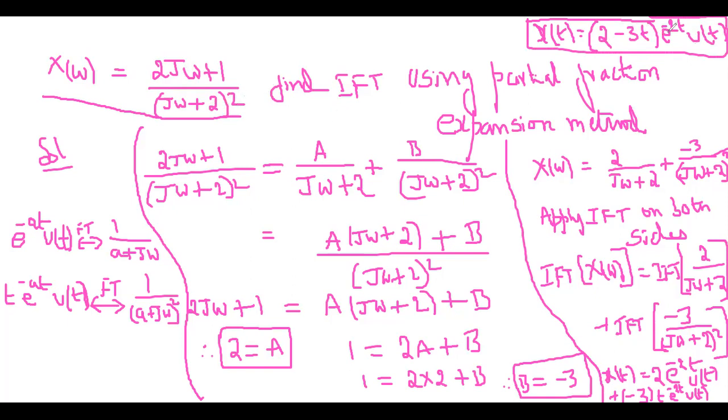In these two terms, e power minus 2t mu of t is common. So 2 minus 3t, following my dear students. Now see here. What is the final answer? We got 2 into e power minus 2t mu of t is here.